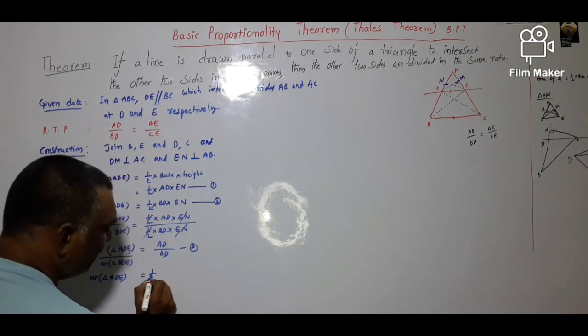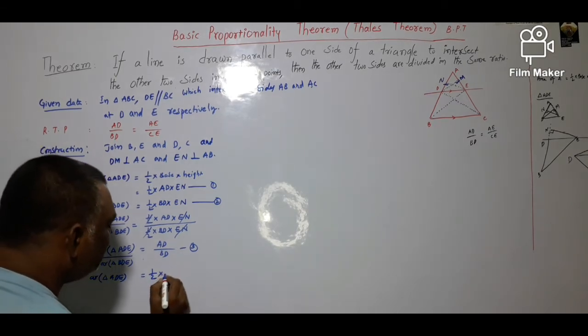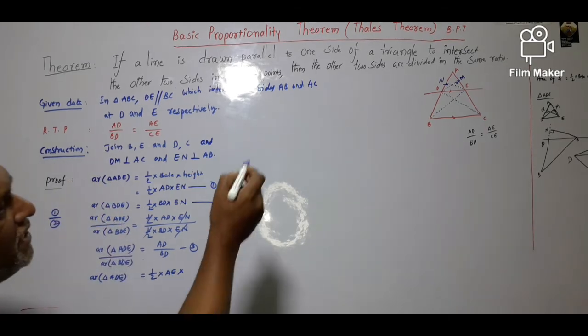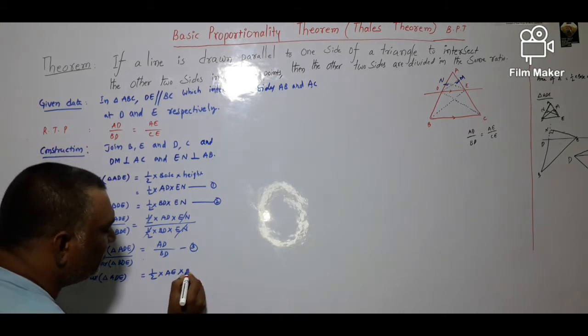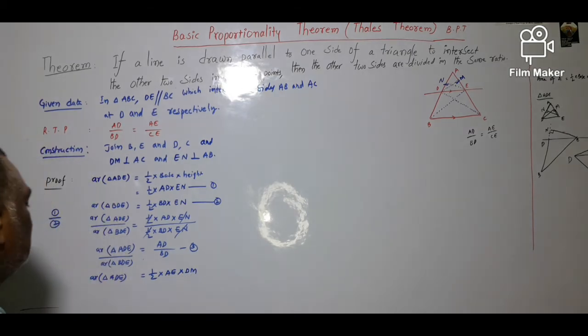So half into base AE into perpendicular height DM.